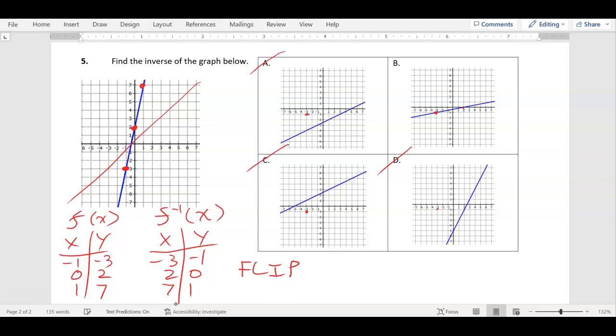Yes, indeed. 7, 1. Yep. B does it. Okay. And you can see, if you were to plot those points on here, that it is reflecting across that diagonal line y equals x. So it has to be letter B, and that is your review.